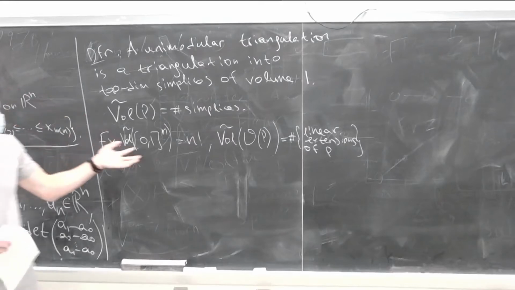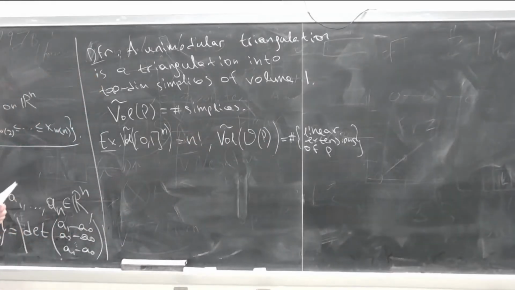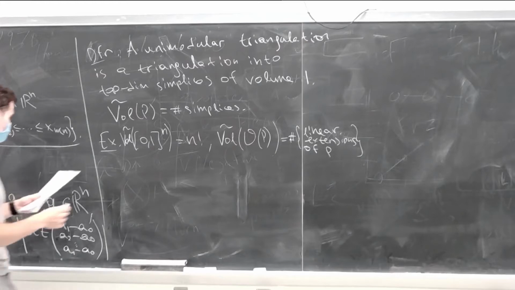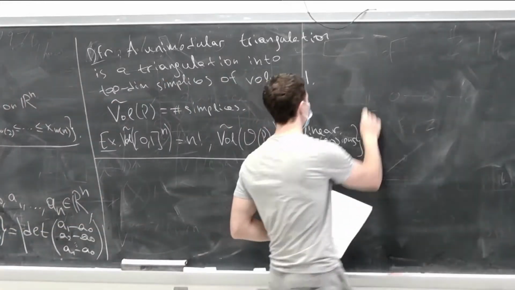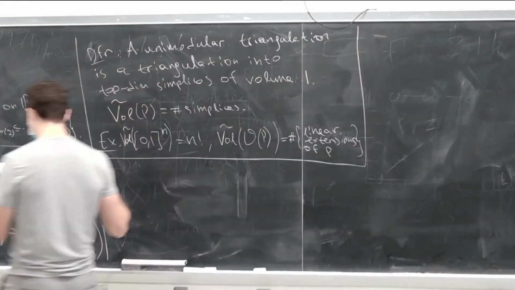So just counting the simplices, you get these interesting numbers. Now I want to do something slightly more complicated, and that's also related to what we did in one of the first lectures.